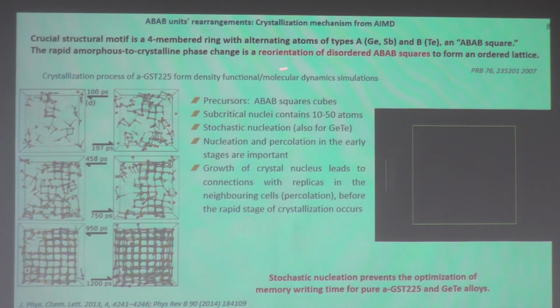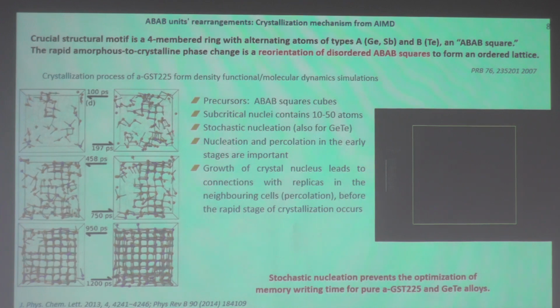So in this model, on the crystallization process, we start from the amorphous state, consisting of these AB squares, and they are considered as precursors in this system, like a nucleus. However, it requires at least 10 to 50 atoms to form such a nucleus, and then if it has been formed, the system starts to crystallize. The nucleation process is a statistical process.